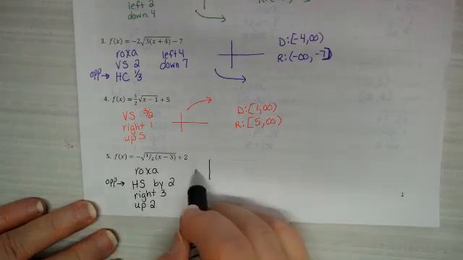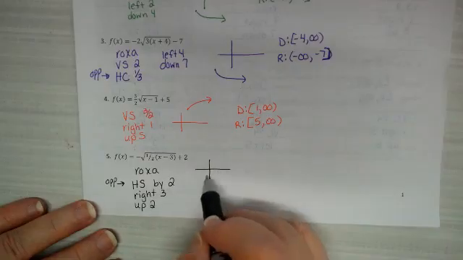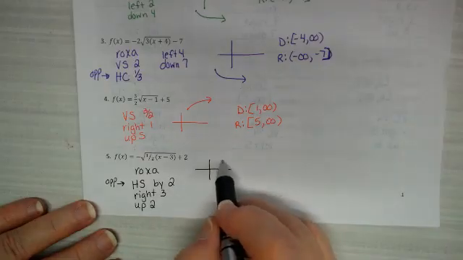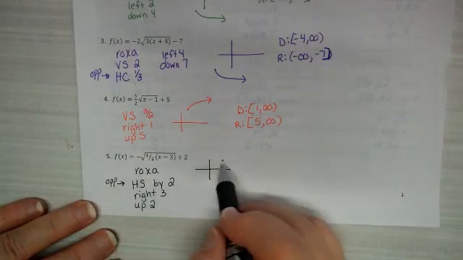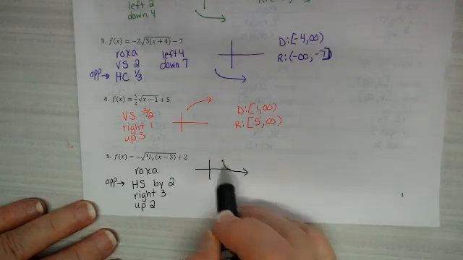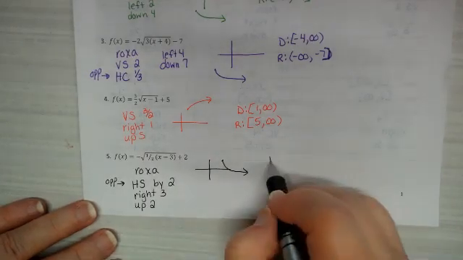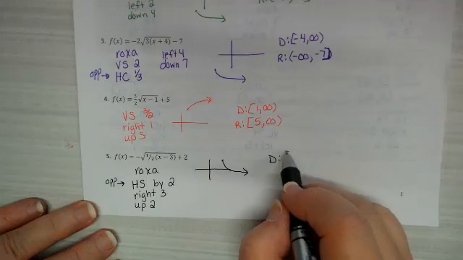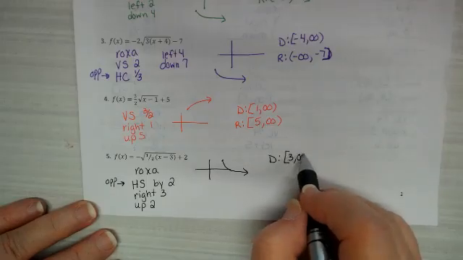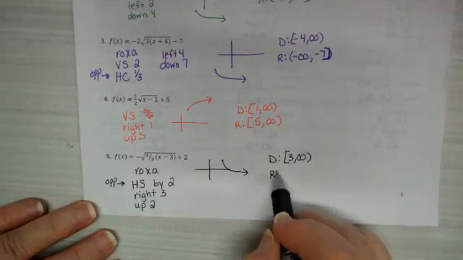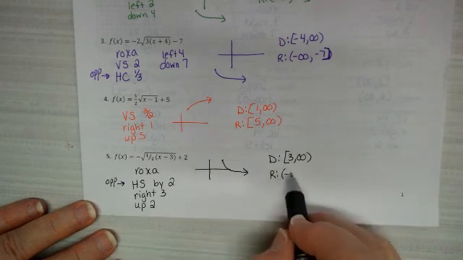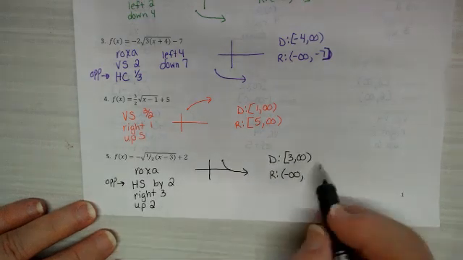So if I'm sketching a graph, I went to the right 3, up 2, and I reflected. So it's the bottom. Domain goes from 3 to infinity. Range, because it reflected, goes from -infinity up to 2.